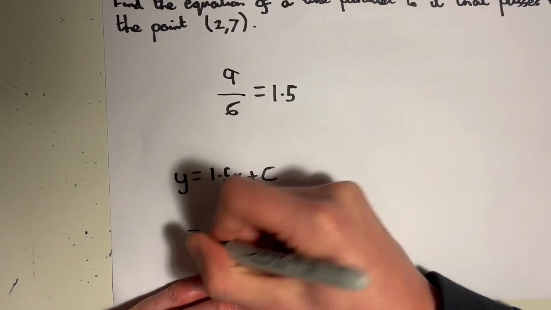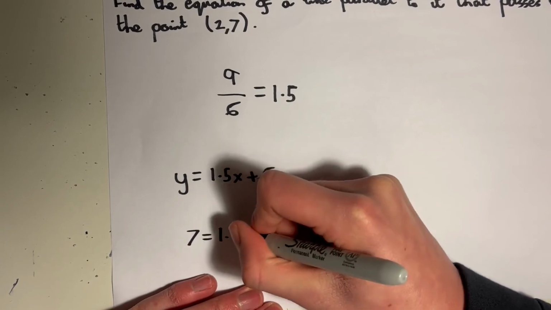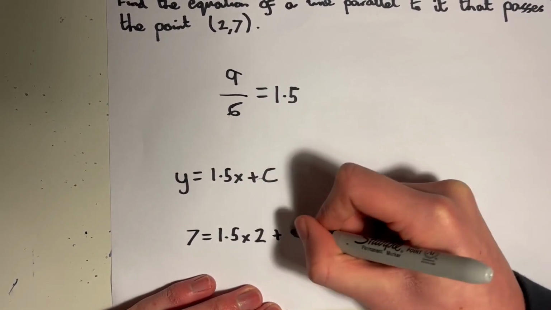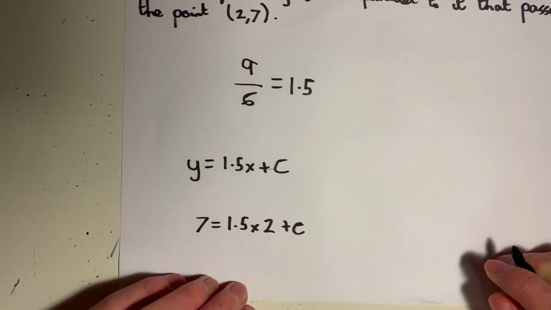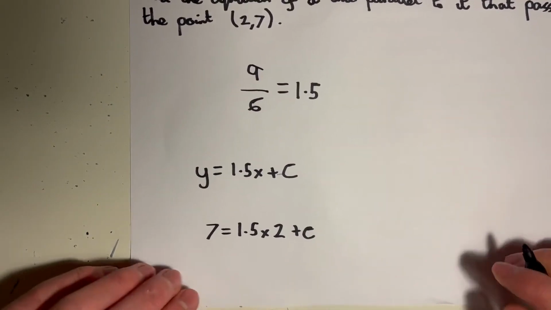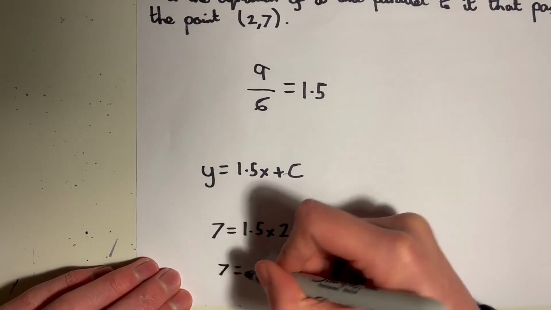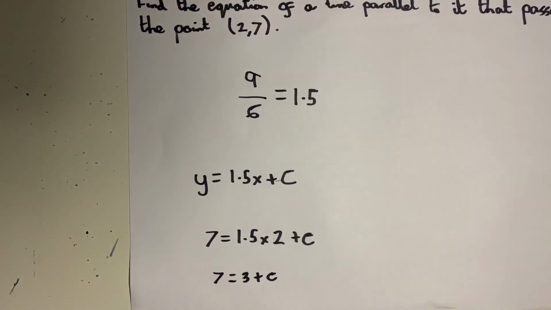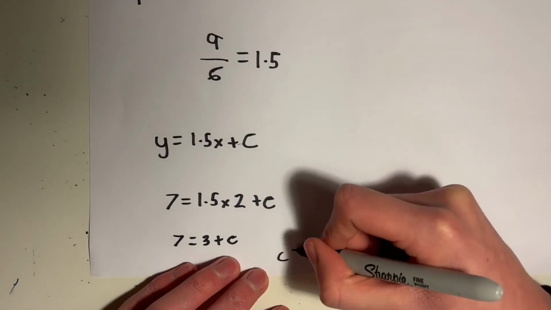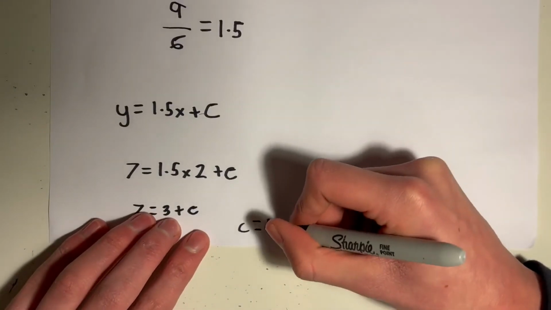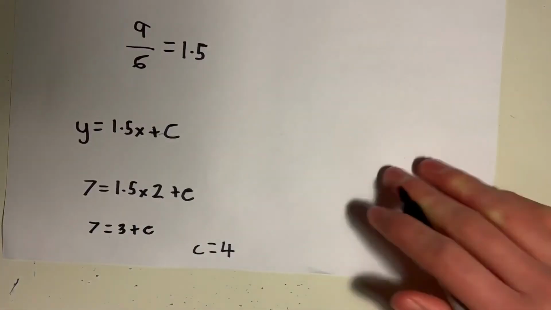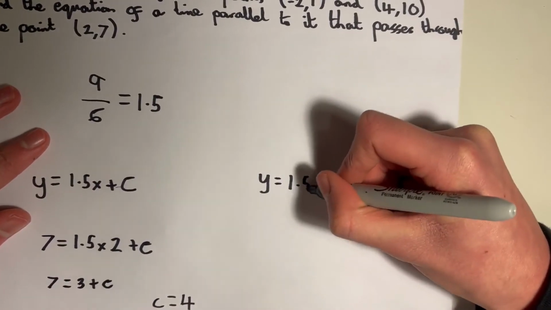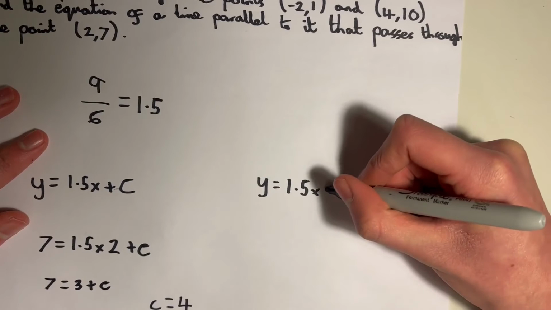So the y is 7 equals 1.5 times 2 plus c. 2 times 1.5 is 3, I believe. So 7 equals 3 plus c. So if we minus 3 from both sides, we'll find that c equals 4. So the equation of the line is y equals 1.5x plus 4.